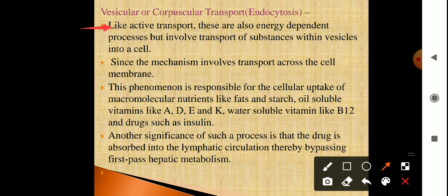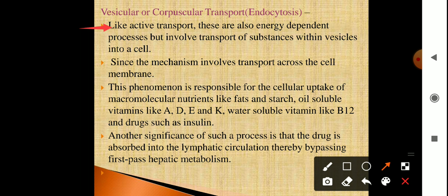Active transport also requires energy but not a vesicle, and here also it is an energy dependent process, but involves the transport of the substance within vesicles into the cell. So since the mechanism involves the transport across the cell membrane, this phenomenon is responsible for the cellular uptake of macromolecular nutrients.